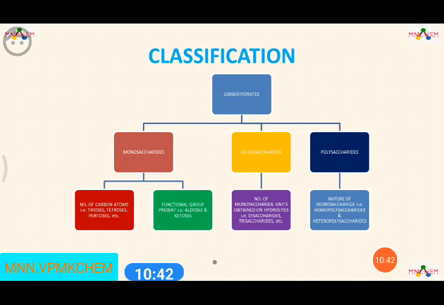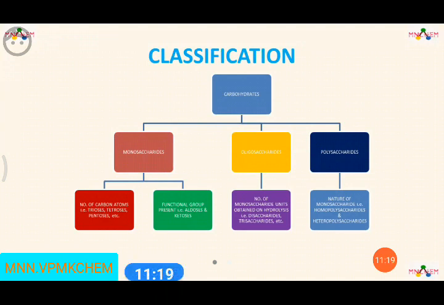These polysaccharides are further subclassified depending on the monosaccharide molecules they yield. For example, if on hydrolysis a polysaccharide gives the same type of monosaccharide unit, then they are called homopolysaccharides. Examples: cellulose, starch, glycogen, inulin, etc. These are the polysaccharides which on hydrolysis give the same type of monosaccharide units.